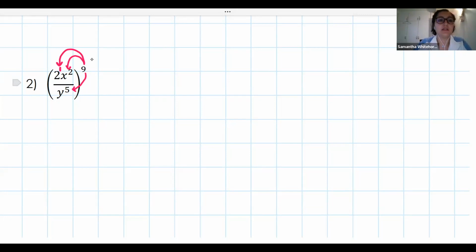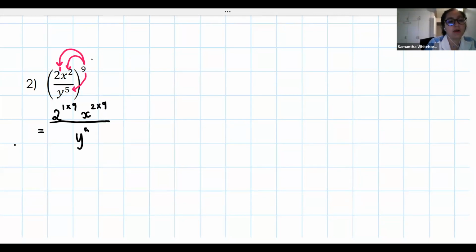This therefore means that I am ending up with 2 to the power 1 times 9, x to the power 2 times 9, all over y to the power 5 times 9. Now, guys, this step over here, you don't have to show the multiplication. You can do that multiplication in your head or on a calculator, and go straight to the step where you've simplified your exponents.